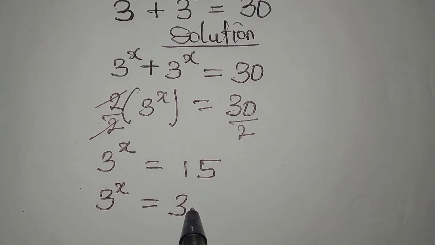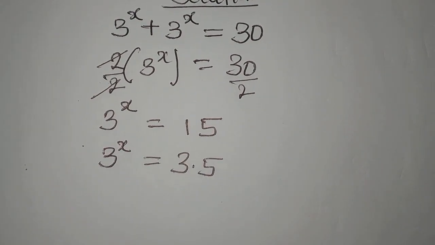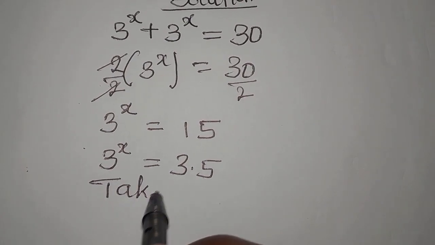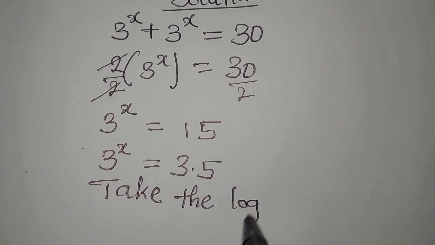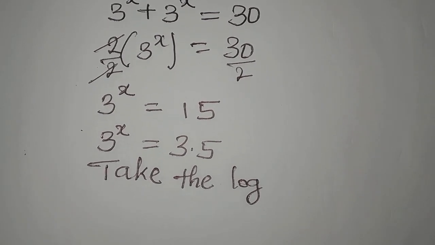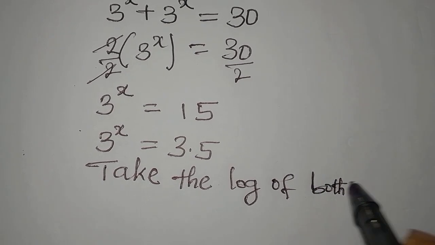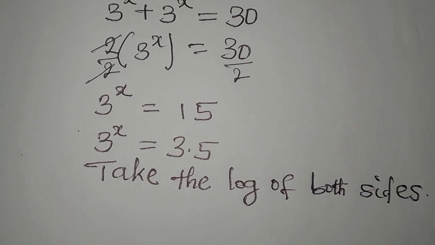15 is 3 times 5. So this is how far we can go before taking the log of both sides. We'll take the log of both sides.